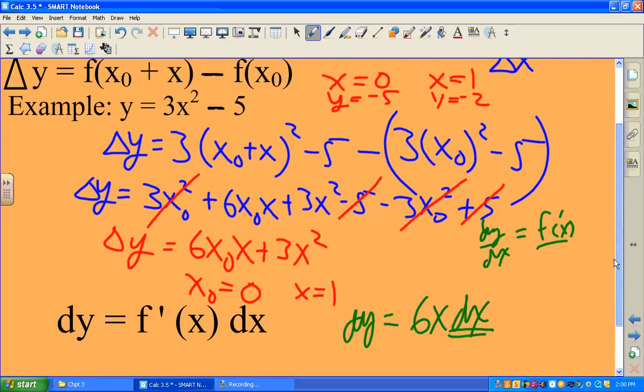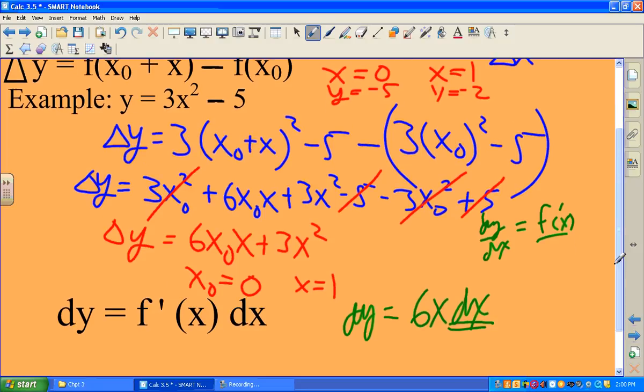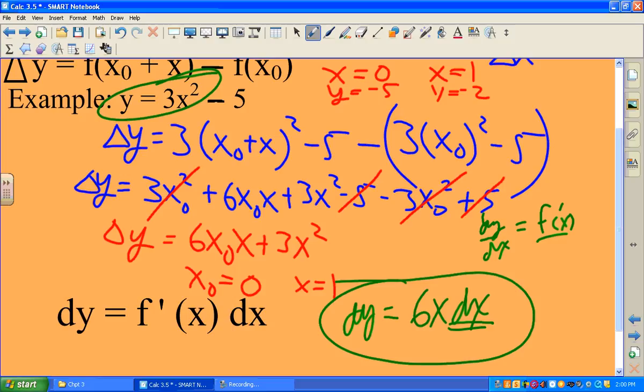So all it is, how did you get 6x from the derivative? I use the power rule. Well, I'm not worried about this. I'm just finding this. Oh, okay. Yeah, you leave the x in your answer.